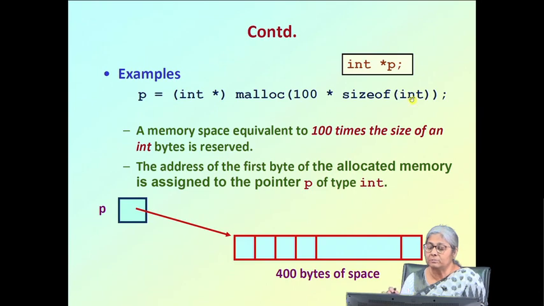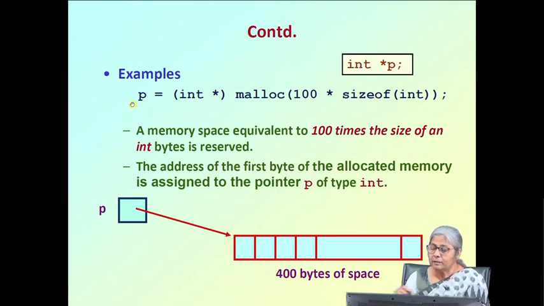So, malloc allocates 400 bytes and the pointer it returns is of void type, that is typecasted into int type, since the earlier defined pointer p is of integer type, that is why it is int *. So, this pointer is assigned to that pointer p.